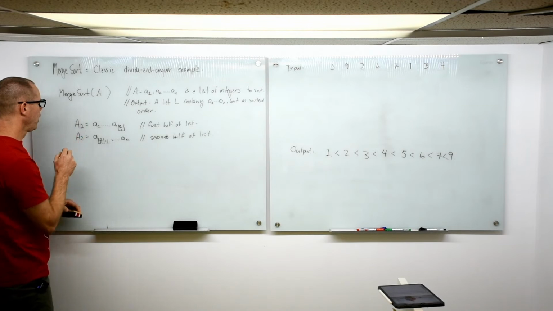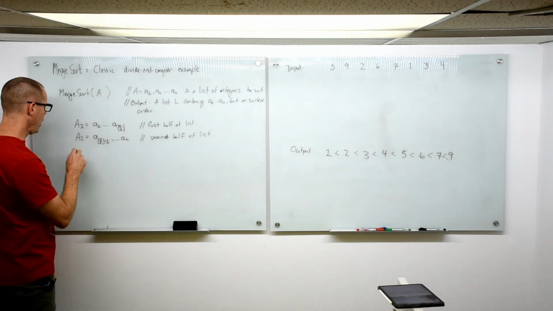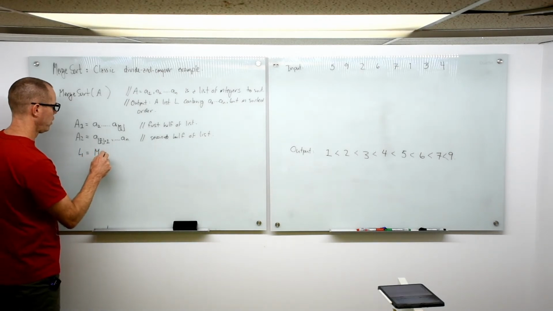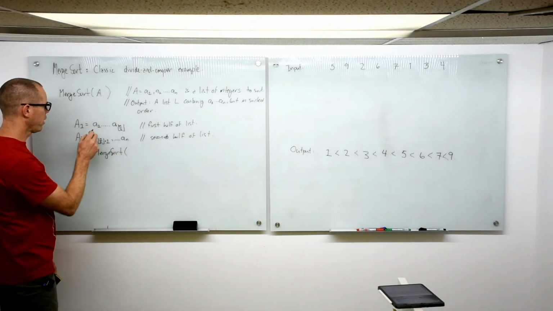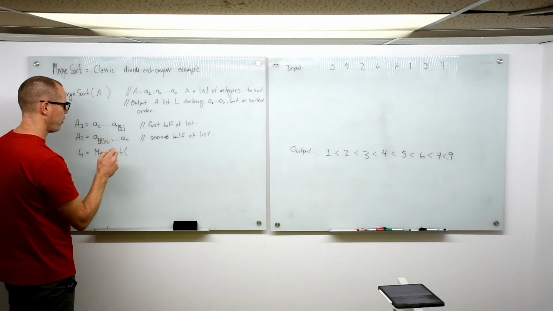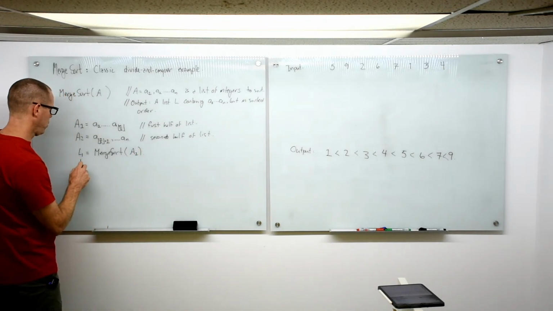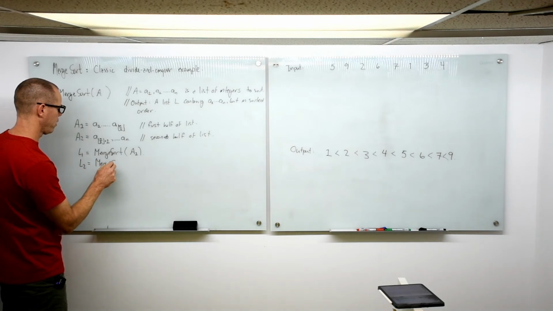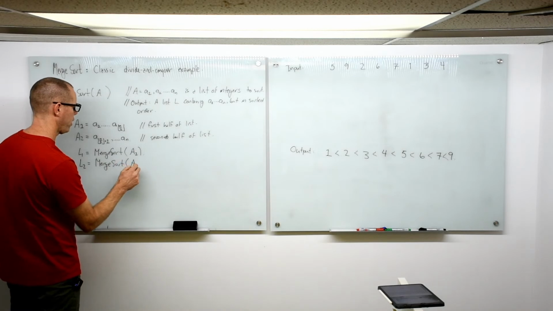Let's call this one a big A1, this is big A2, and we'll say L1 is equal to the list that we get by sorting this first half of A. So this is A1. L2 is the list that we get by sorting the second half of A.